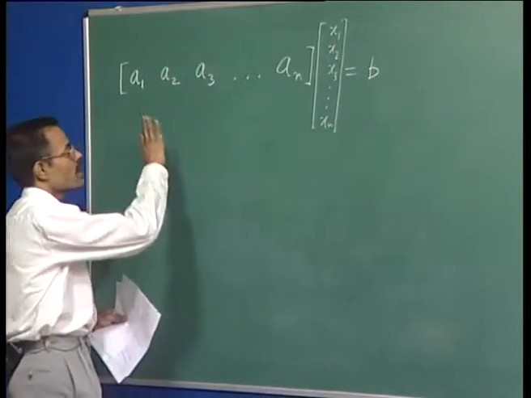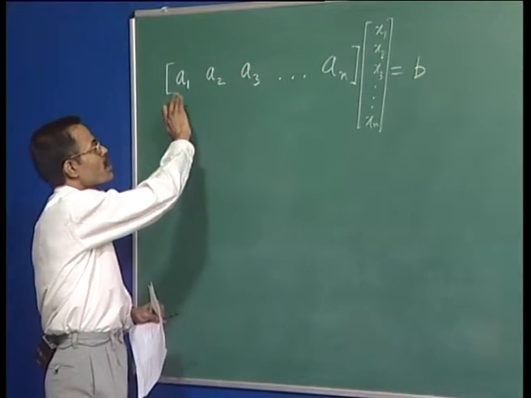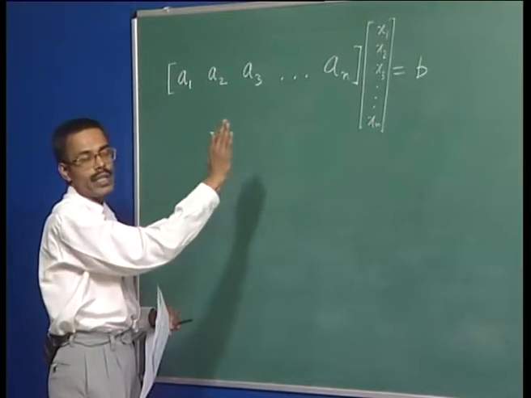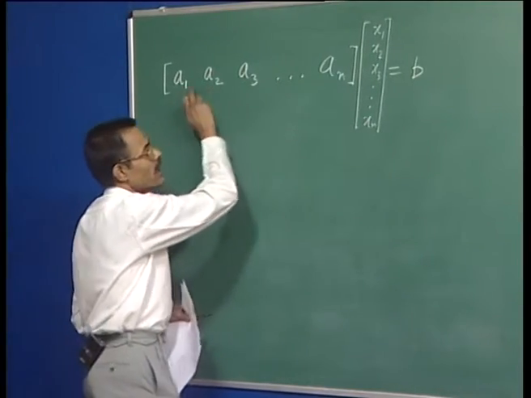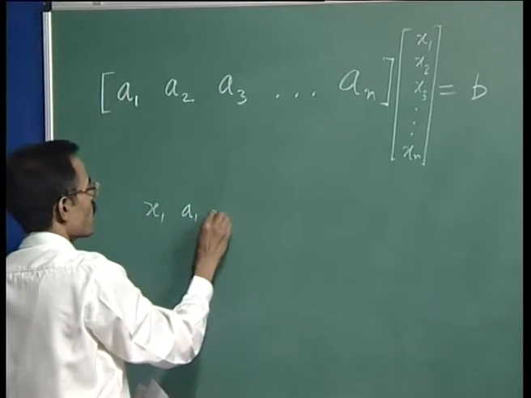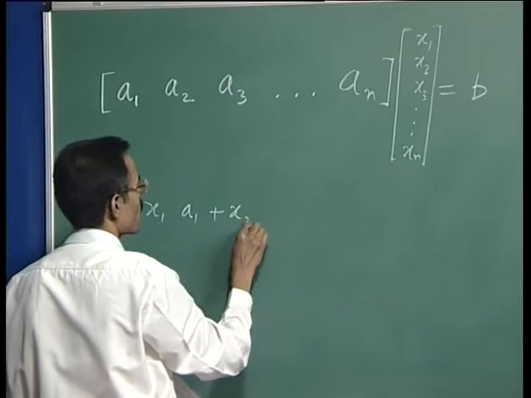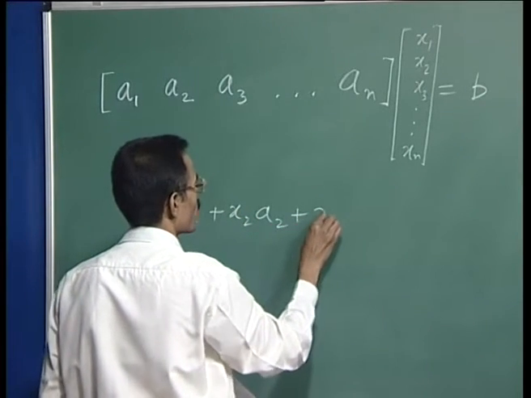This shows that what we are talking about is actually a linear combination of these columns on the left hand side, because A1 into x1 gives us this, plus column A2 multiplied with x2 gives us this, and so on.